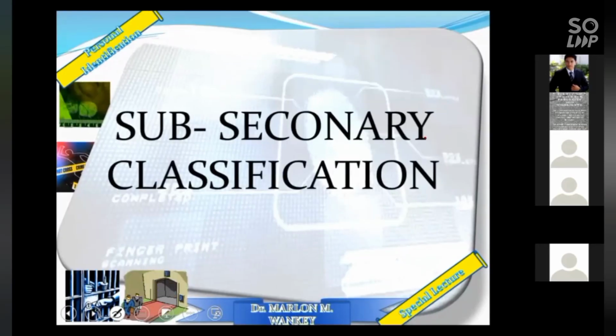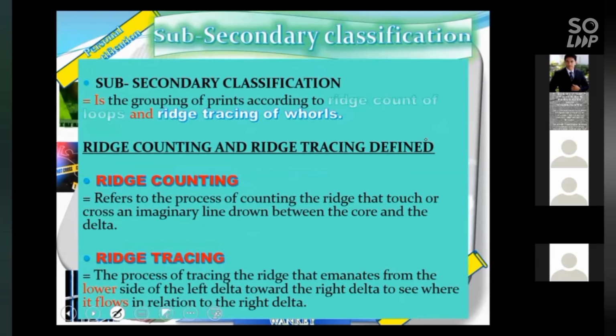Then subsecondary classification. Subsecondary classification is the grouping of prints according to ridge count of loops and ridge tracing of whorls. Ridge counting and ridge tracing defined. Ridge counting refers to the process of counting the ridges that touch or cross an imaginary line drawn between the core and the delta. A good example: this is the loop.